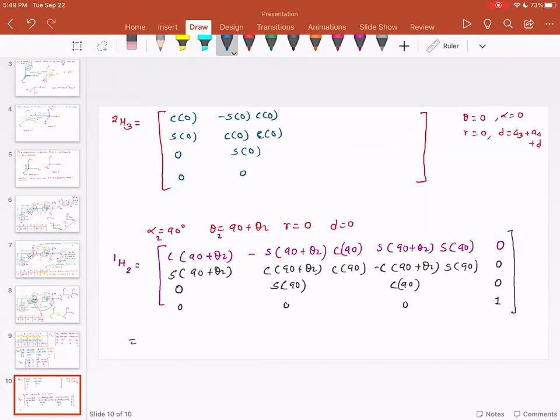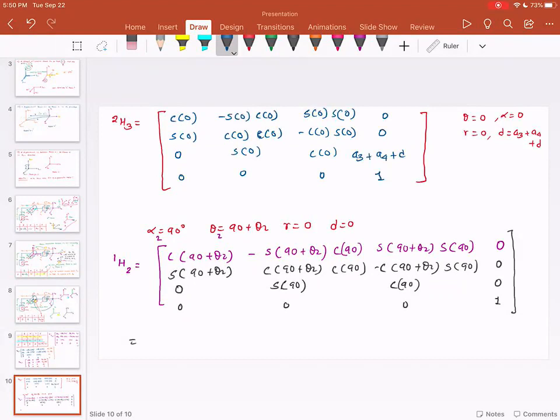This becomes sine of 0, sine of 0, minus cosine of 0, sine of 0, cosine of 0, 0. And then I'm going to have 0 here, 0 here, and A3 plus A4 plus D, and 1 over here.